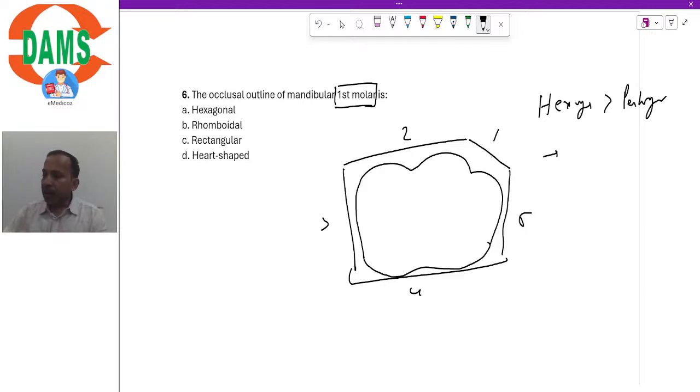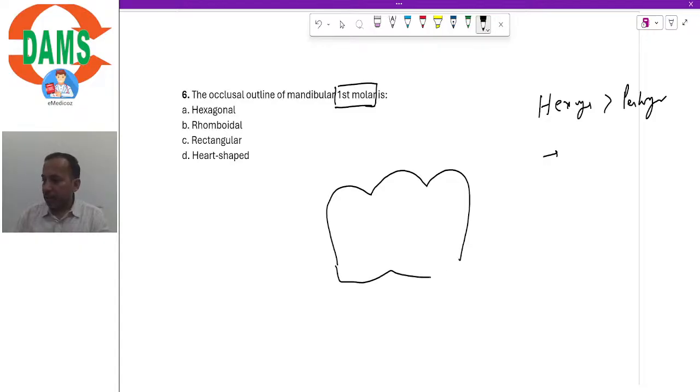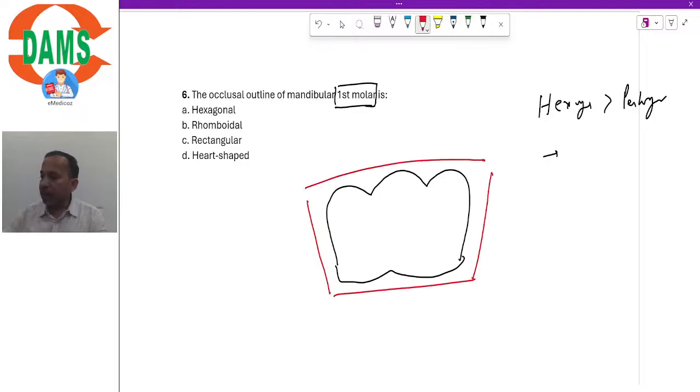then let's say this distal cusp, which is not as well developed in this diagram, let's say it is well developed in some cases, right? Well developed as it is here. Then it will resemble a trapezoid.